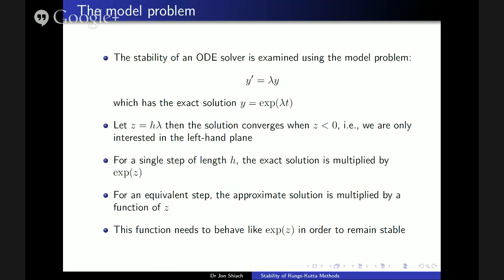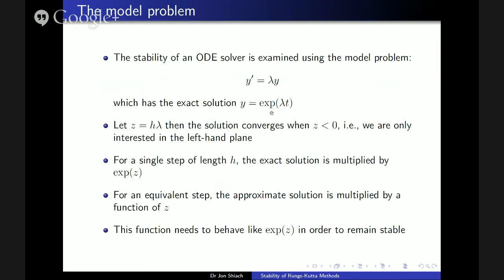The model problem is a very simple first order ordinary differential equation: the first order derivative of y equals lambda times y. Lambda is some number, it's just anything. So that's a very, very simple ODE. That's what we're going to be using to determine our stability regions and where methods are stable or not.